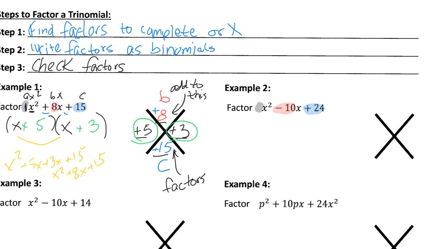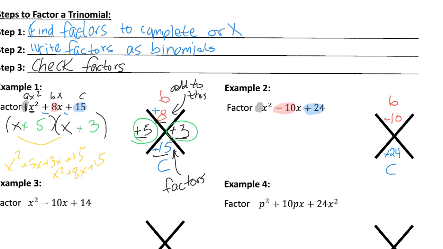The first thing I do is plug these values into the X. My B goes on this top part of the X, and my B is a -10. And my C goes on the bottom, and it's a +24. So remember, you want to find factors of 24 that get me to -10.